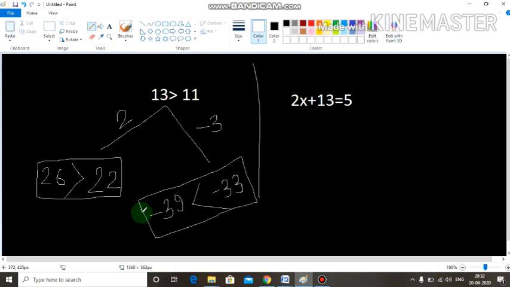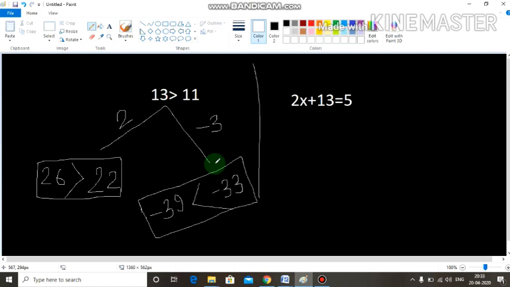So this is the basic difference between solving a linear equation and a linear inequation. It does not matter in the case of an equation, but in the case of an inequation, if you multiply both sides by a negative number, then the inequality sign will be changed.